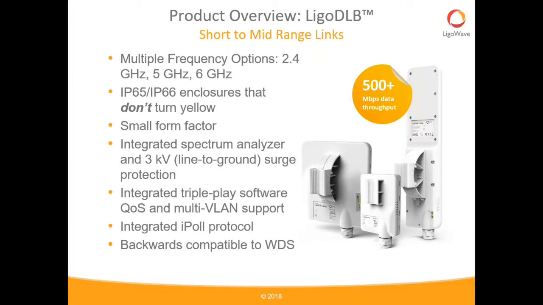We have an integrated spectrum analyzer, integrated surge protection, and we have integrated the IPOL protocol, so we can get the throughputs typically on a 5 gigahertz AC 2x2 link. From most vendors, the maximum throughput you're going to get is around 300 to 350 megabits per second. We can get around 500 megabits per second with this equipment under those same conditions.